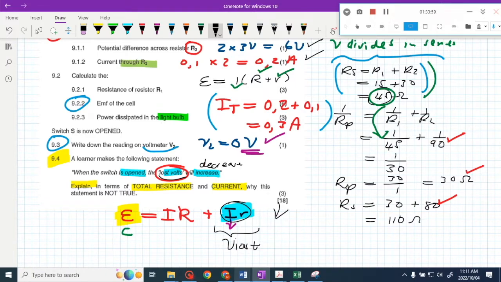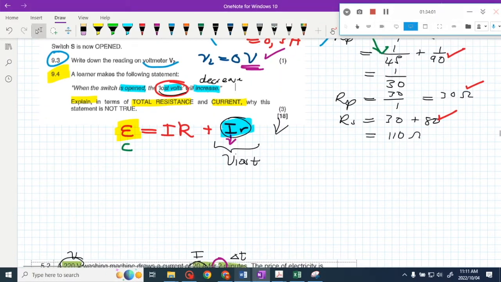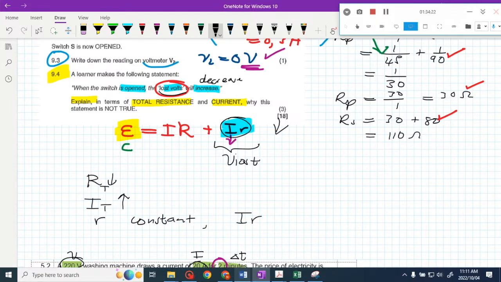So how are we going to explain this? Number one, we're going to say in words, the total resistance is going to decrease. You guys write it out as a statement. Since the total resistance decreases, the total current is going to increase. Since small r is constant, we therefore have that I multiplied by R results in a larger V lost.